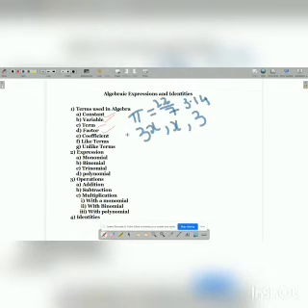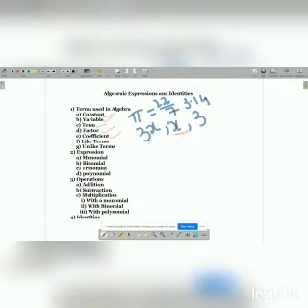The next one is coefficient. Every term has a coefficient. For example, if I take this 3x, 3 is called the numerical coefficient, or you simply call it the coefficient. If I ask you in x, what is the coefficient?